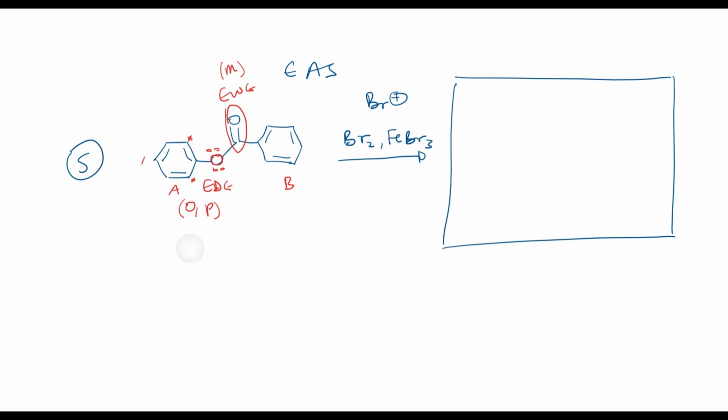And we will have another bromine attached at the para position. So my product eventually will be this. I will have two products. One where bromine is attached at the ortho position, and another where bromine is attached at the para position.